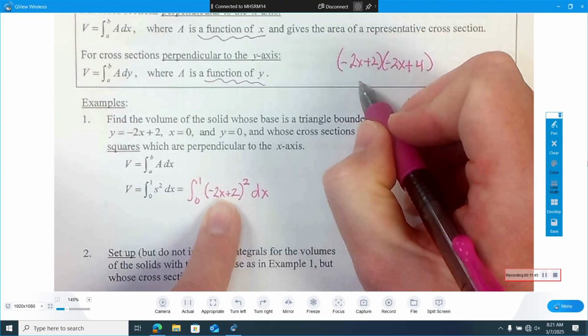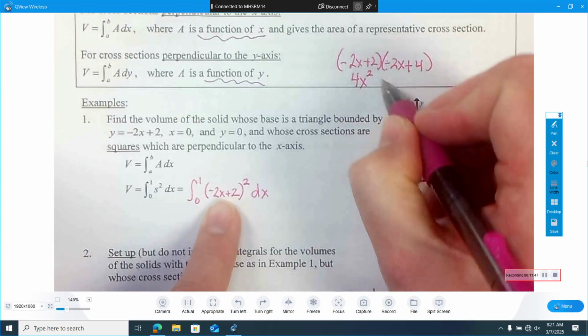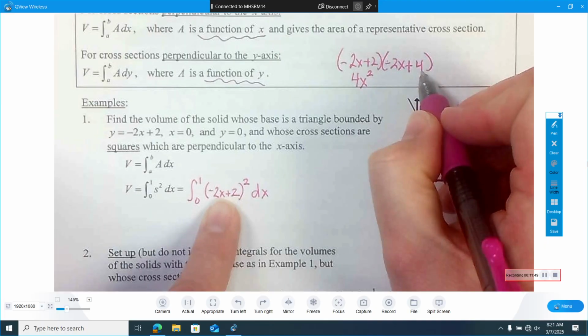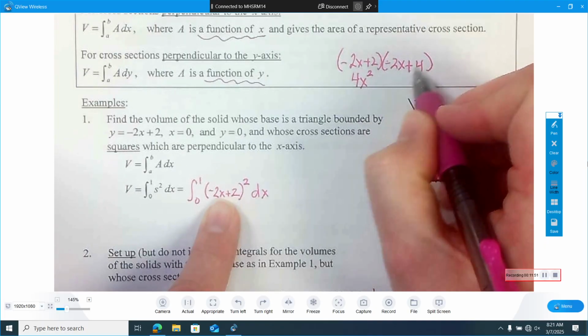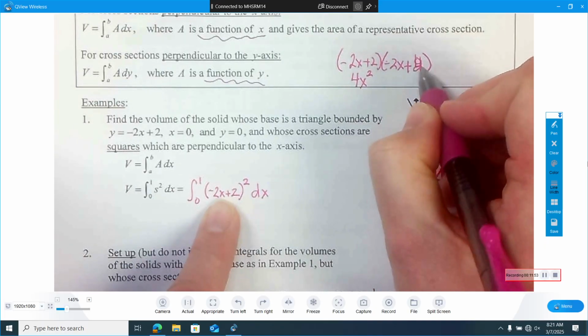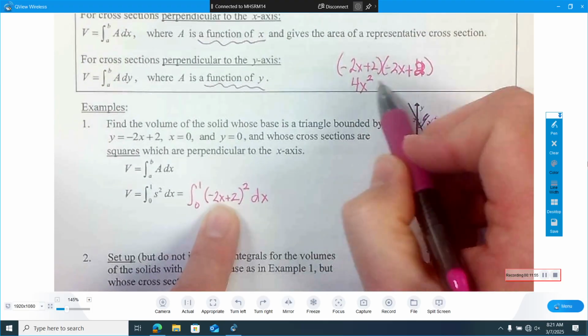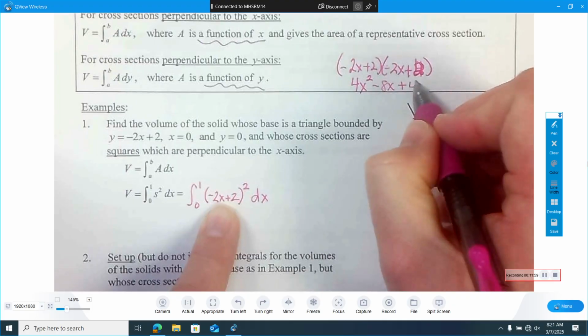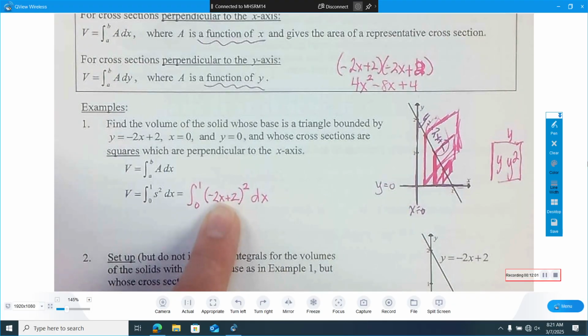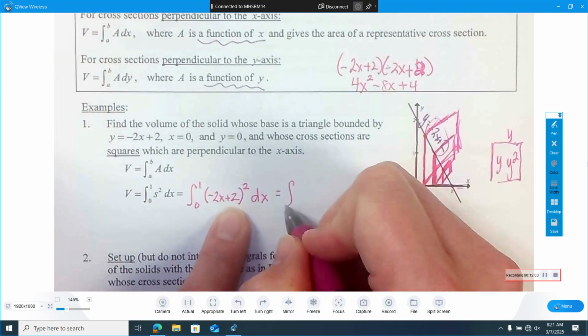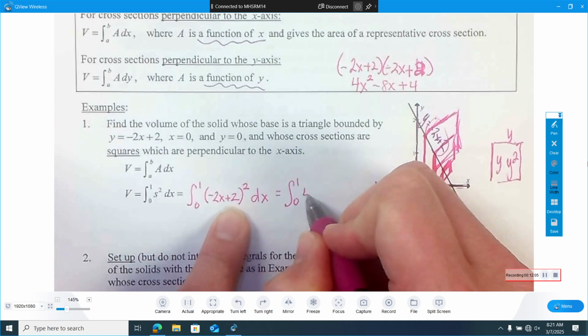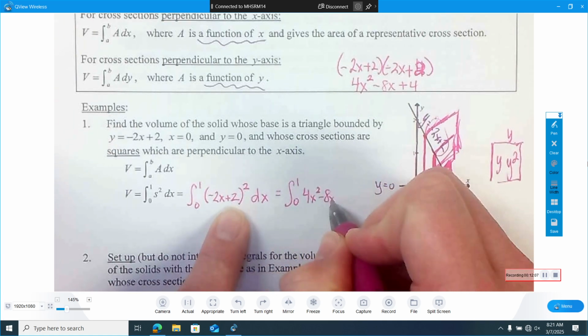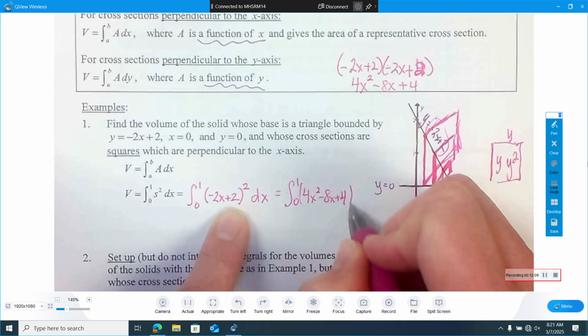We're going to get 4x squared minus 8x. Oh, that's a 2, I'm doing it in my head. There we go. Minus 4x minus 4, so minus 8x, and then plus 4. Is that what you guys got? Okay. So we're integrating from 0 to 1 of 4x squared minus 8x plus 4 dx.